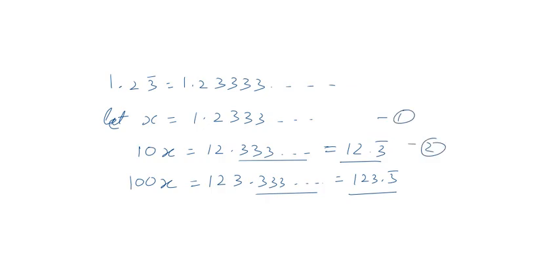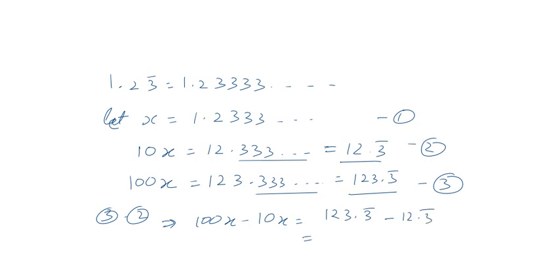Subtract equation 2 from equation 3. 100x minus 10x equals 123.3 bar minus 12.3 bar, equals 111. So 90x equals 111, so x equals 111 by 90.